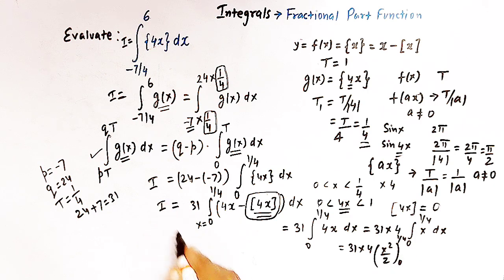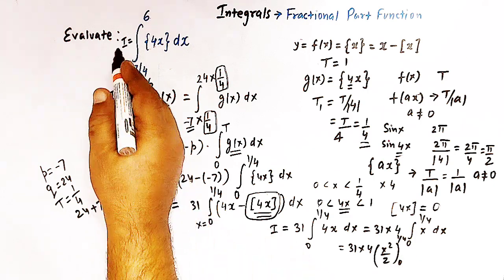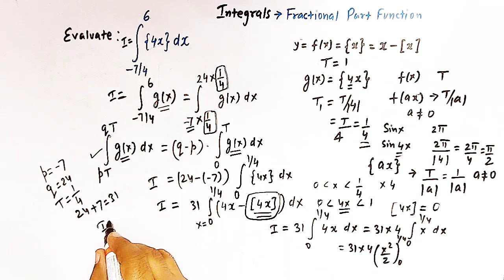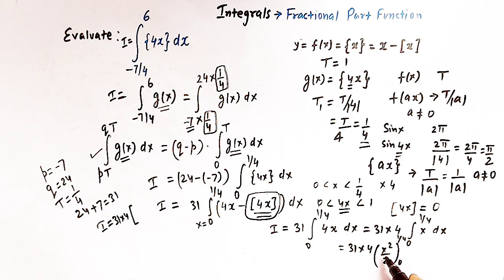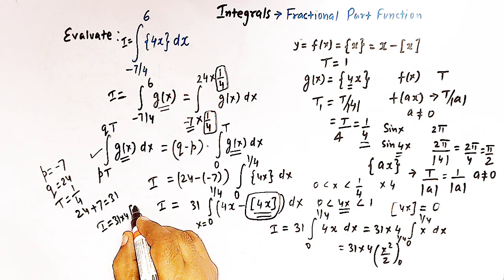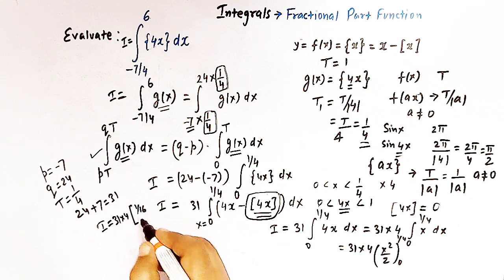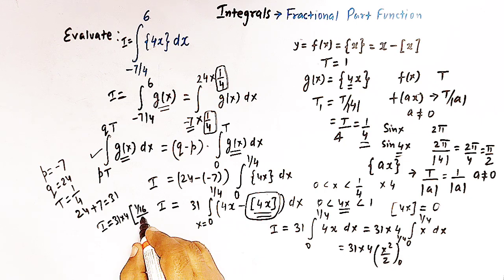So the value of this integral I can now be written as 31 times 4, and we can now substitute the limits and take the difference. When we take x equal to 1 by 4, we have 1 over 16 because this is x square, and the denominator is 2, and when we take 0, this term is 0.